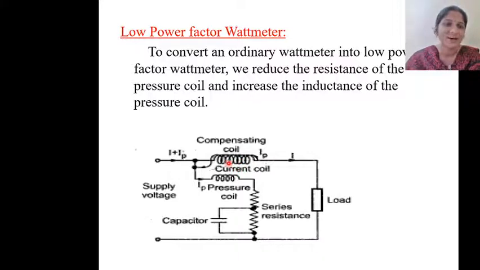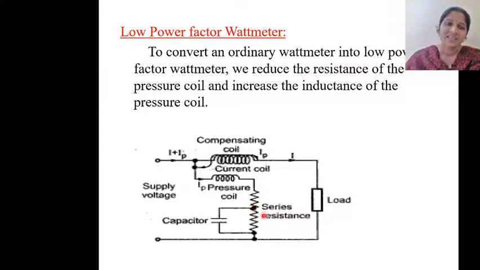That means however many turns the current coil has, that many turns the compensating coil should also consist of. And this is in series with the pressure coil. So the inductance of the pressure coil is increased and the resistance of the pressure coil is decreased.